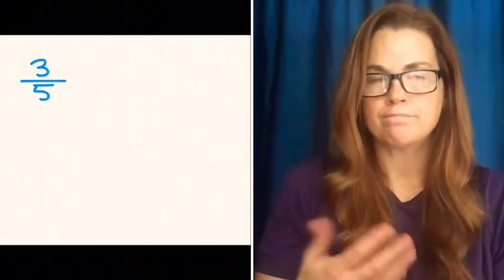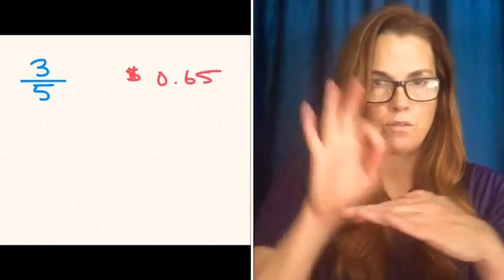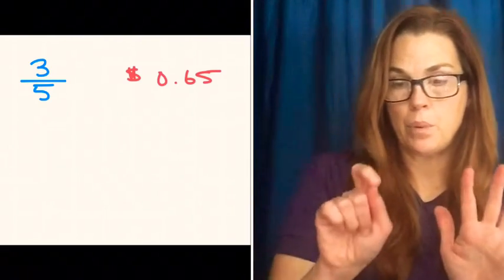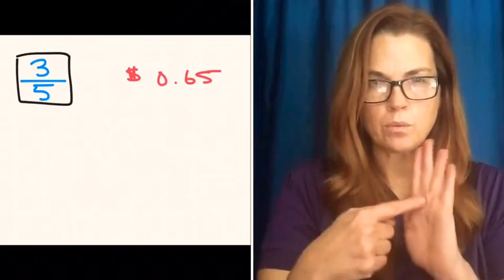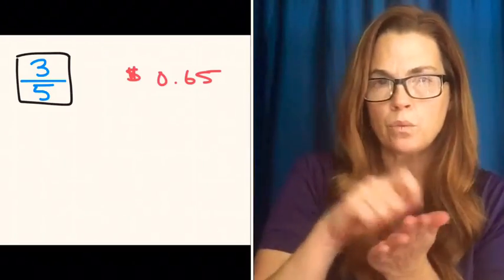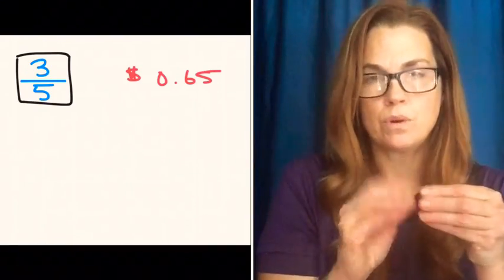So one person has 3/5 of a dollar, while the other one has 65 cents. And we want to know who has more money or who has less. So we're going to rewrite our fraction as a decimal, so we can more easily make a direct comparison between these two values. How do I rewrite a fraction as a decimal?